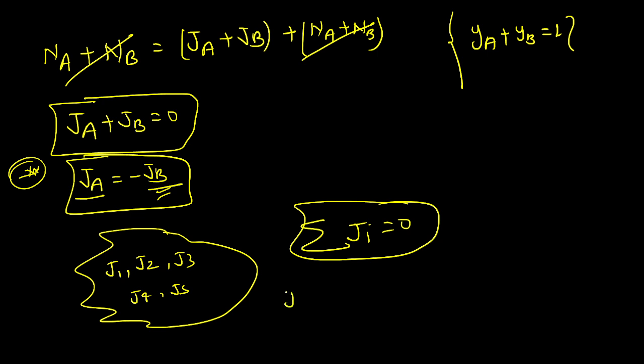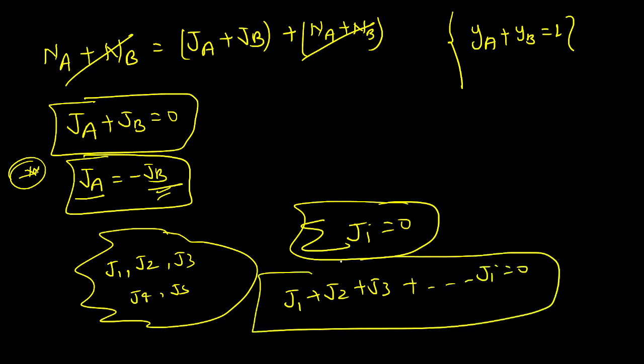What does it mean? J1 plus J2 plus J3 plus dot dot Ji is equal to 0. I mean, the sum of the diffusive fluxes of all the components will be equal to 0 in a particular system, right? I think up to this everything is clear now.